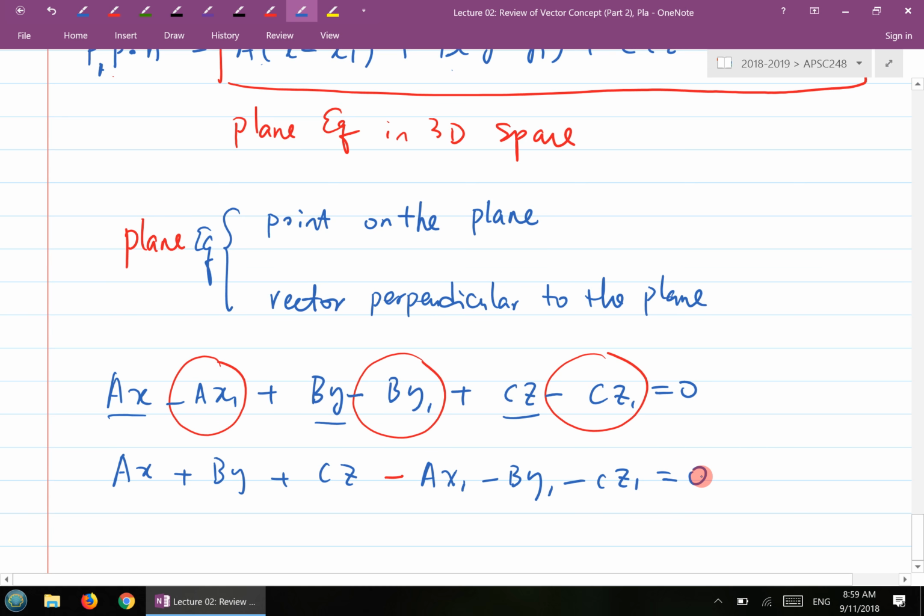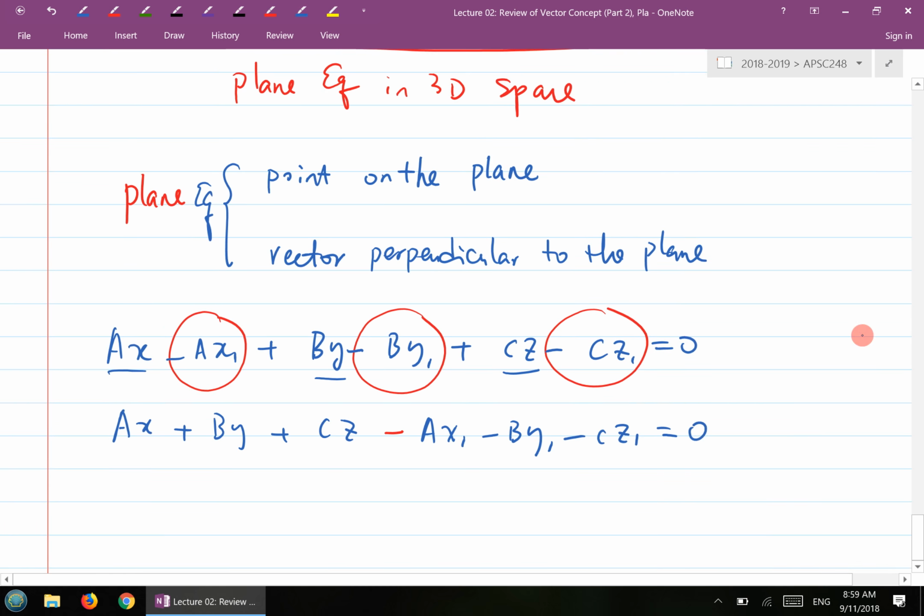So that's a constant term, and now I'm going to move all the constant terms to the right side of this equation. I'm going to save myself a little bit of writing here, so then you get this expression.